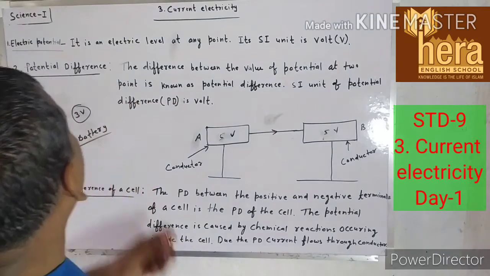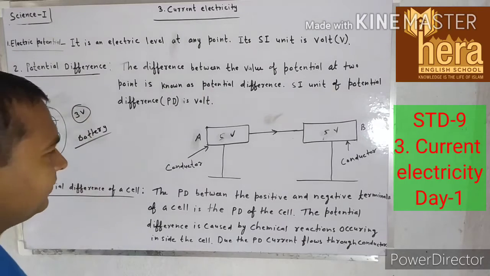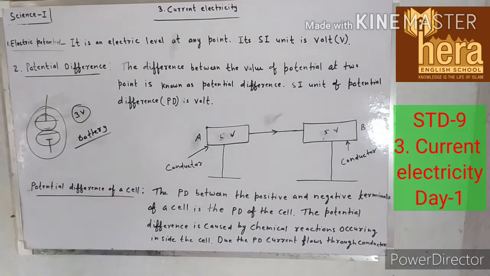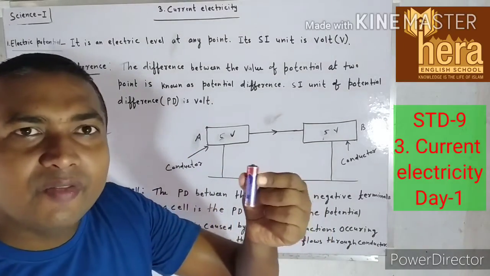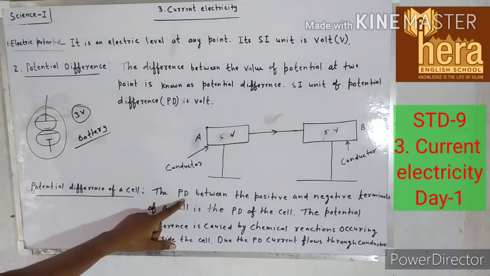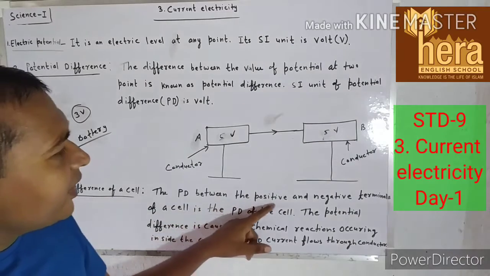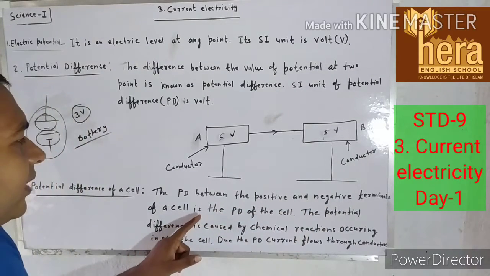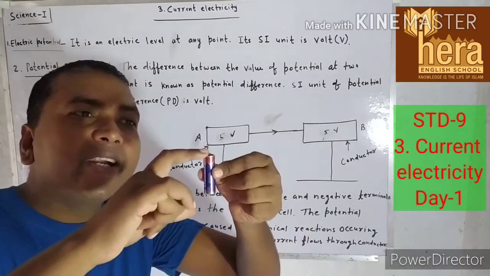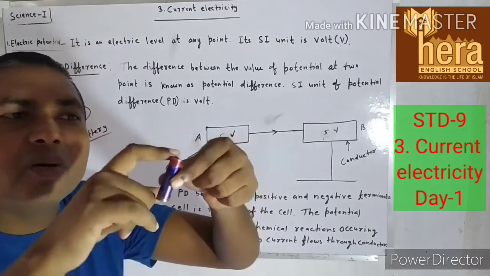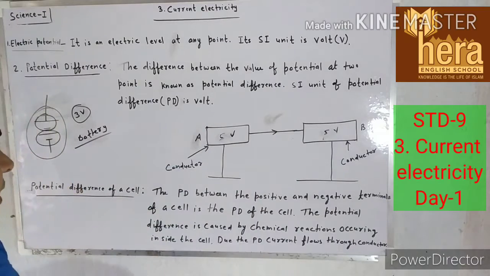So I hope you have understood what is electric potential and what is potential difference. Now potential difference of a cell. This is a cell. Potential difference of a cell means what? The PD means potential difference. The potential difference between the positive terminal and negative terminal of the cell is known as the potential difference of the cell.